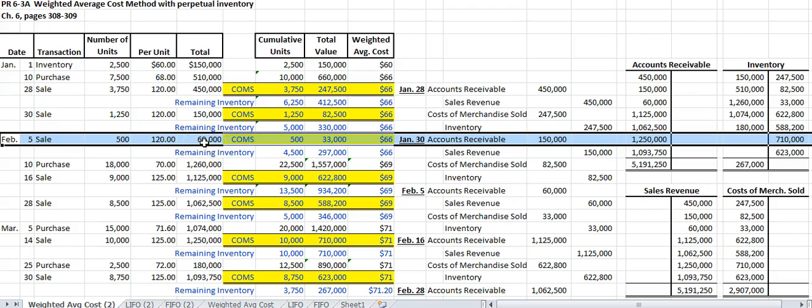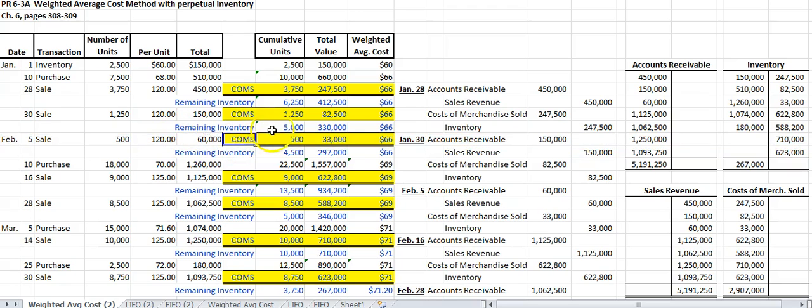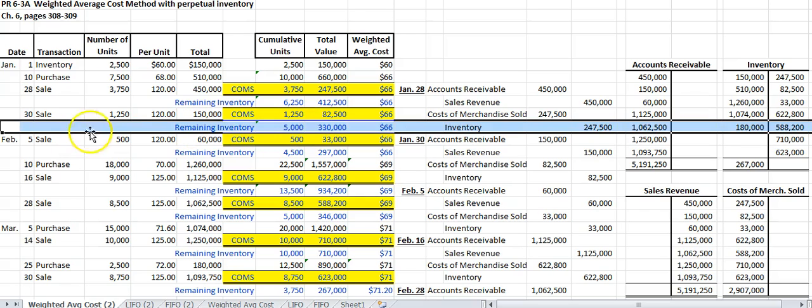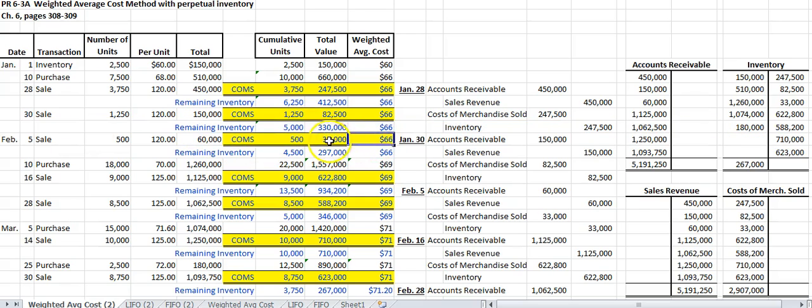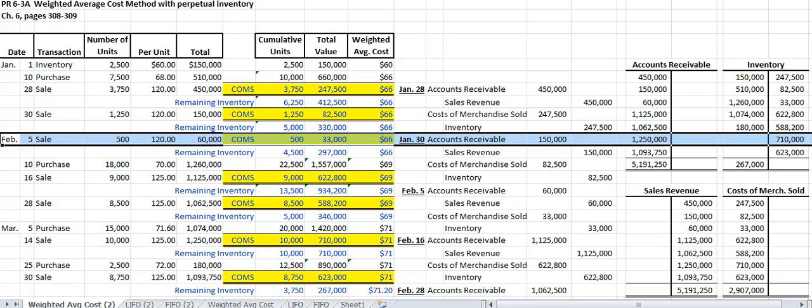We know that's going to be the sales revenue. The cost of merchandise sold, we take it from the remaining inventory that was rolled down, and that would be from this layer here. So we sold 500 at 66 for 33,000, right?